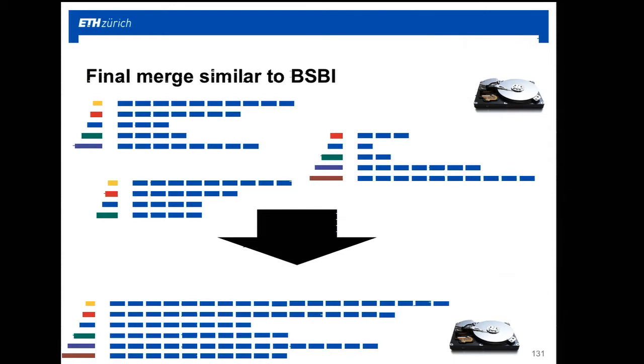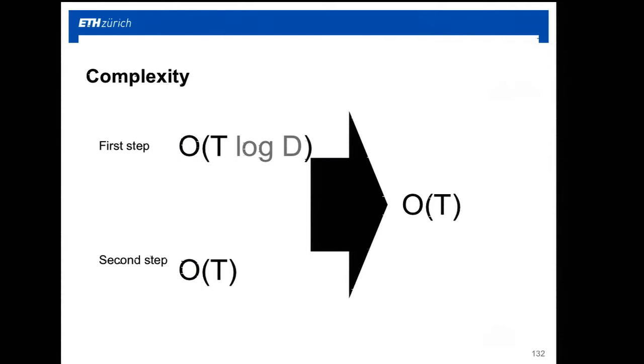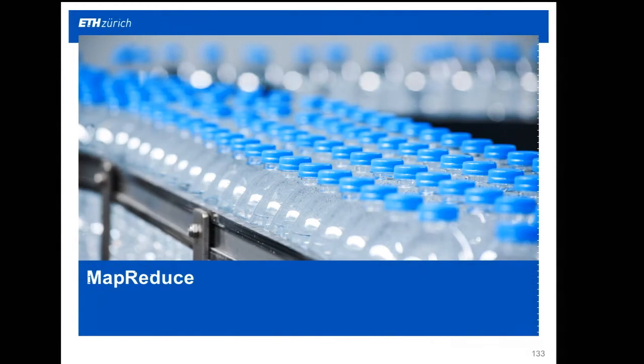So BSBI, S for sort, T log T; single-pass SPIMI, O of T, okay? I included this smaller thing here, but it's not a log of T, it's a log of D, right? This is why I said O of T. There is no sorting involved. Okay, so this is what I introduced last week.